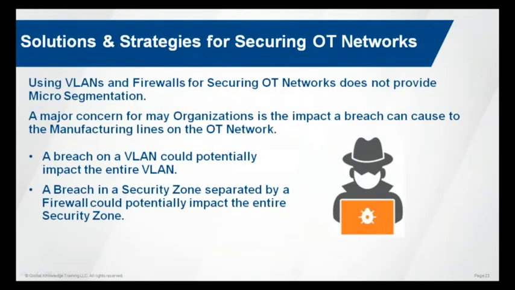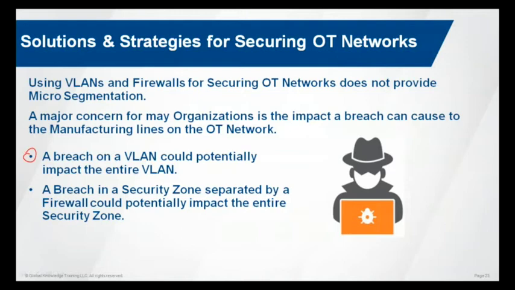Okay, so now the solution and strategy for this type of environment. We are using VLANs and firewalls to implement that segmentation, right? But one of the major problems we face is, if we only use a VLAN and there is a breach on that VLAN, it will impact any control system that is attached to that VLAN.